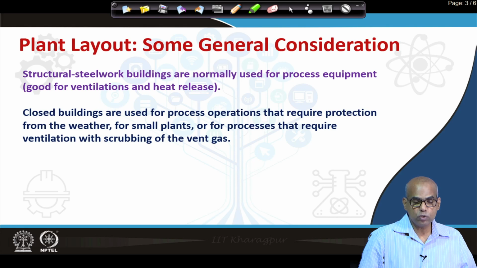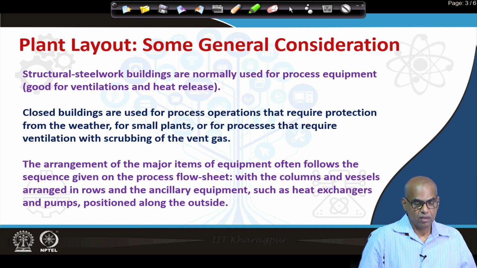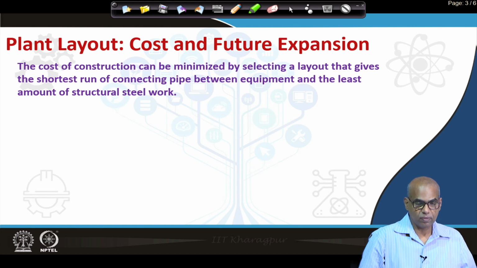Closed buildings are used for process operations that require protection from the weather, for small plants, or for processes that require ventilation with scrubbing of the vent gas. The arrangement of the major items of equipment often follows the sequence given on the process flow sheet, with the columns and vessels arranged in rows and the ancillary equipment such as heat exchangers and pumps positioned along the outside.